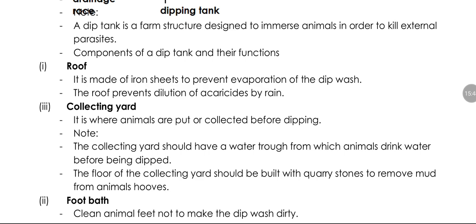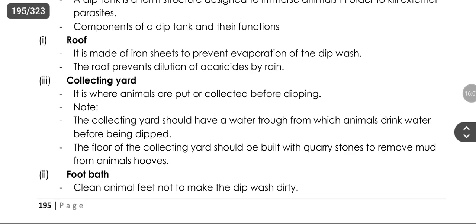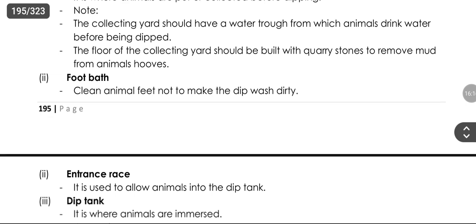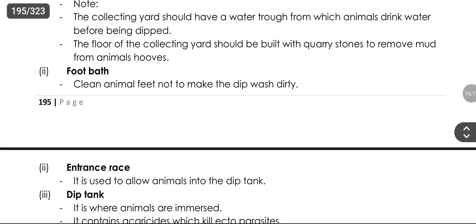So it has to have quarry stones so that they remove the mud and dung from the animal's feet. So that is the function of the quarry stones in the collecting yard. Okay. So the foot bath cleans animal feet, so as not to make the dip wash dirty. So that is the function of the foot bath.